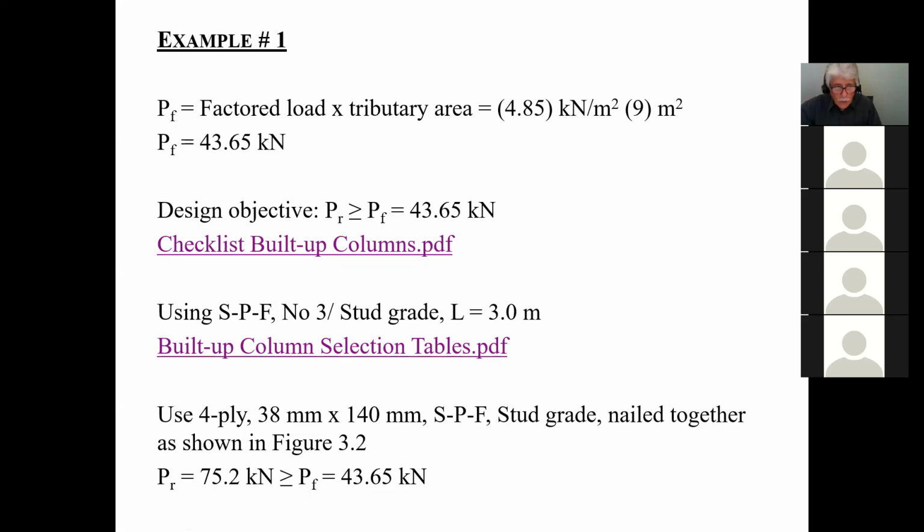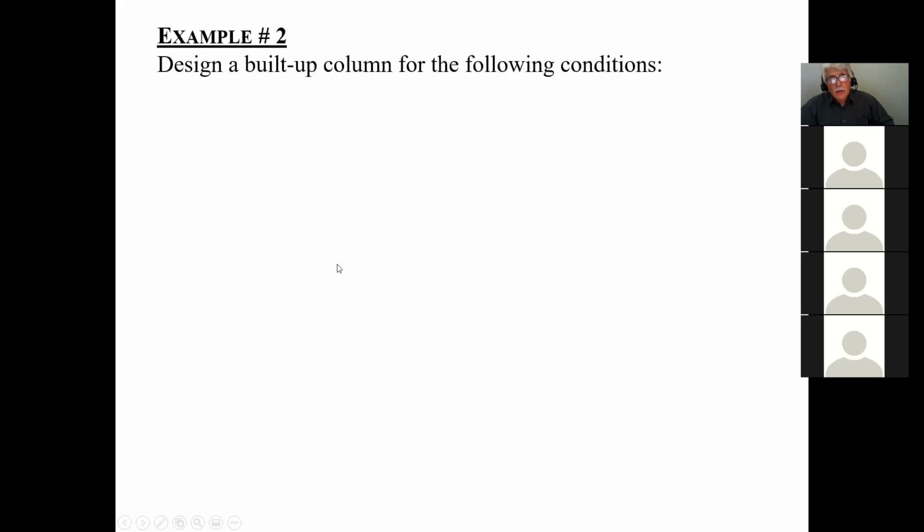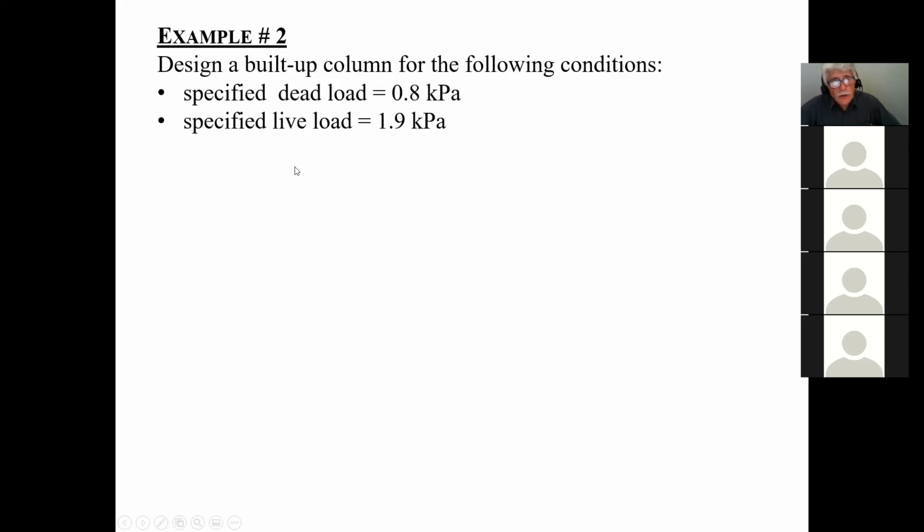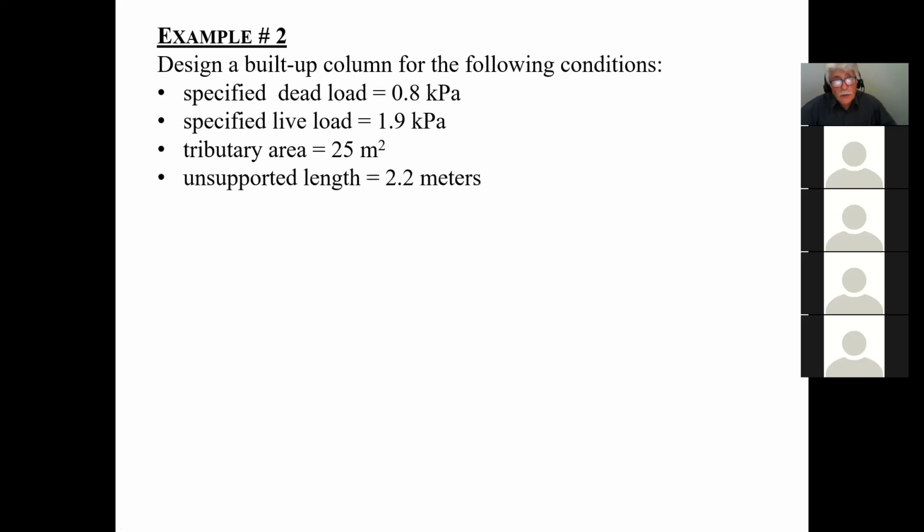Good? Okay. Now, of course, I'm going to do a built-up column for the following conditions. Specified dead load 0.8 kPa. Specified live load 1.9 kPa. Tributary area is 25 square meters. Oh, I'm getting to be a pretty big area. The unsupported length is 2.2 meters, okay?